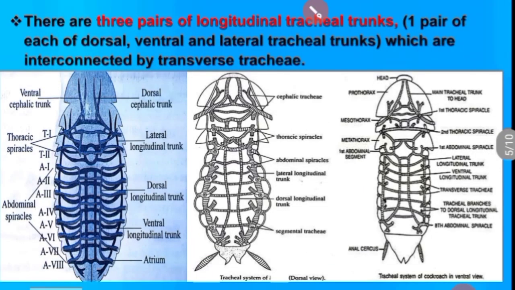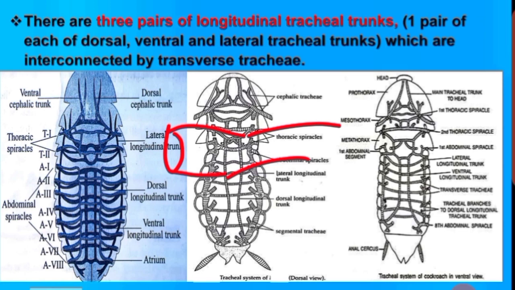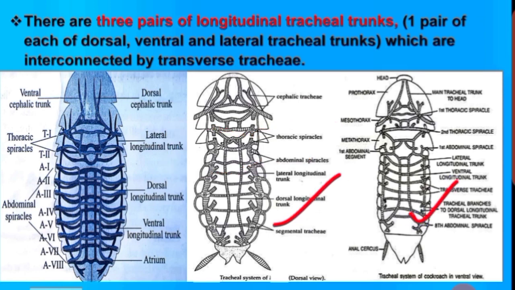Right? There are 3 pairs of longitudinal tracheal trunks. As I told you before: spiracle, atrium, main tracheal trunks. There are 3 pairs of longitudinal tracheal trunks, 1 pair on each side. See, this is the dorsal side, this is the ventral side. Observe the diagram clearly.